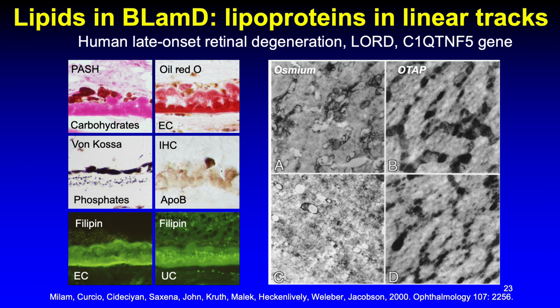On the right, compare standard osmium post-fixation on the left for extracellular lipid to the osmium tannic acid paraphenylenediamine method, which was developed for atherosclerosis research. The OTAP method shows strings of particles crossing the basal laminar deposit.